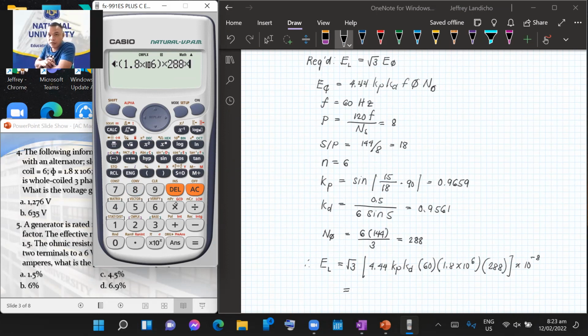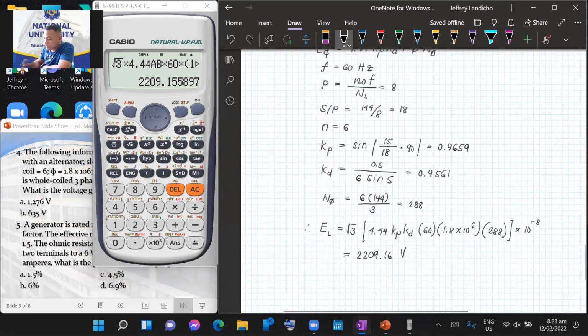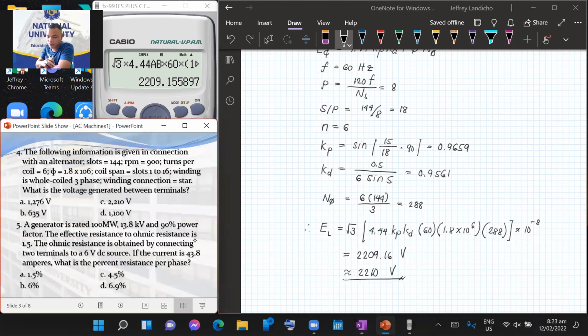Then conversion, Maxwell to Weber, I have to multiply by 10 raised to negative 8. So the answer should be in volts. So you have 2,209.16 volts. Pwede natin i-round off to the nearest 10. So this is approximately 2,210 volts. Yun ang hinahanap ng ating problem.